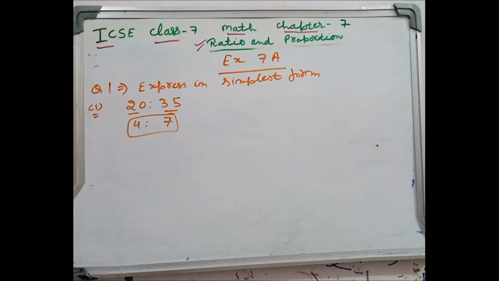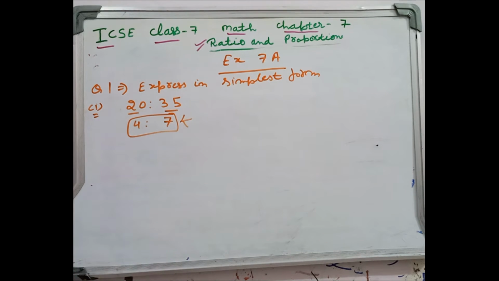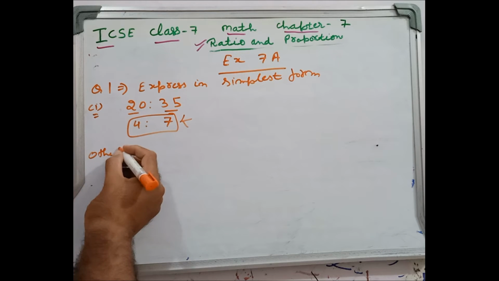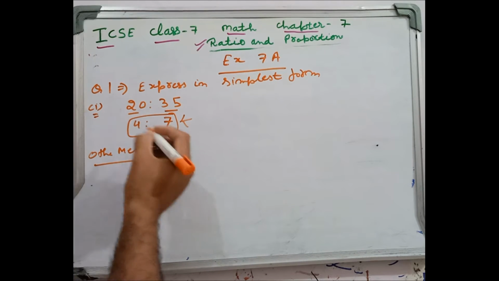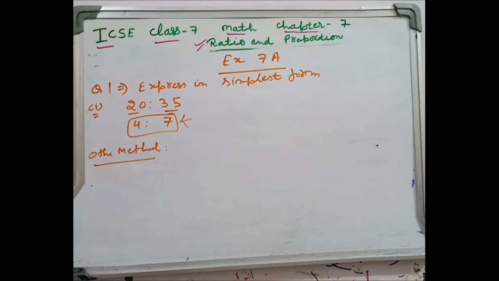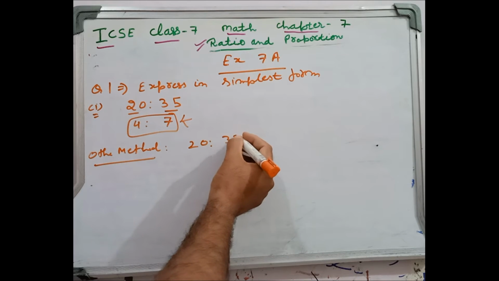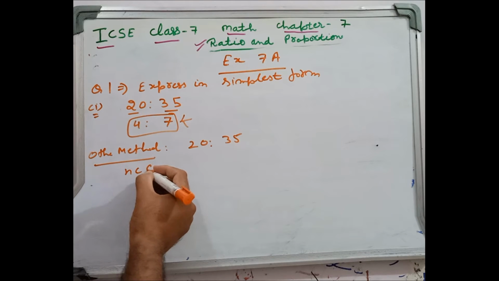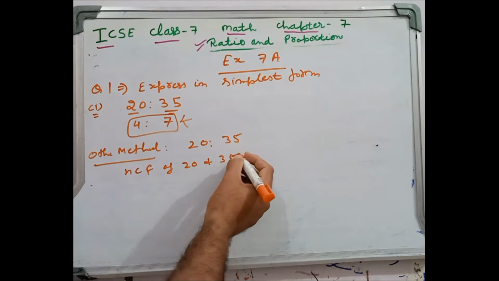Now, this is for those who have learned their tables well. But if you don't know your tables well, then the other method is to find the HCF of 20 and 35.